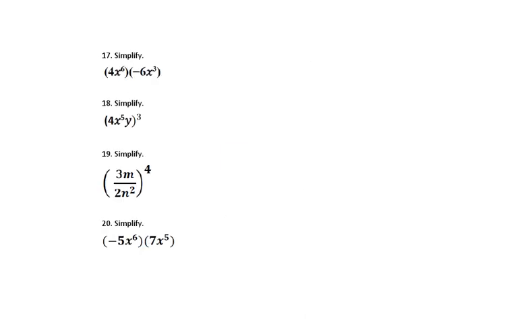Alright, simplify. Multiplying and dividing. To understand this, you have to understand that there's rules for numbers and there's rules for letters. Alright, when multiplying, we're going to multiply the numbers but we're going to add the exponents.